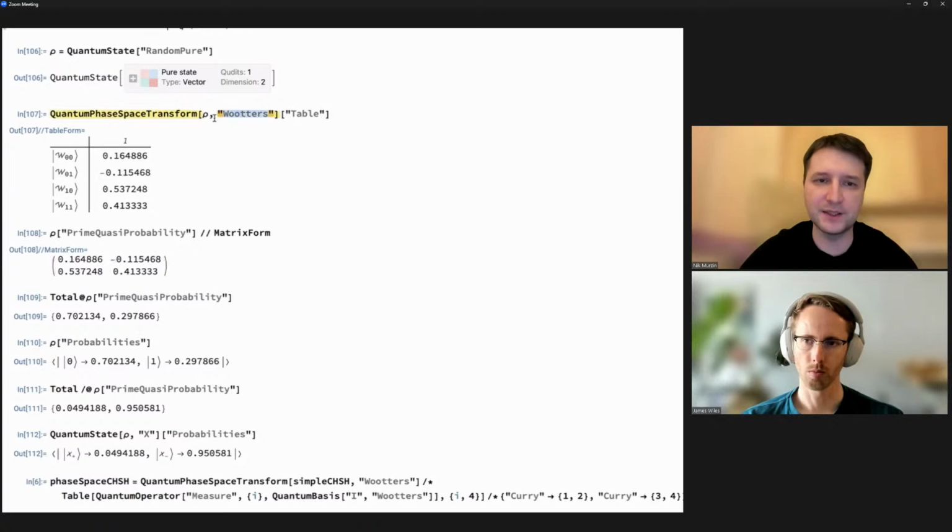There's some different basis that guarantees you always get positive probabilities, but we're going to use this one because we're still going to get rid of those negative probabilities in a different way. At least this basis has the nice property of marginalizing and getting the more commonly known probabilities of measuring this particular qubit in this or that basis.